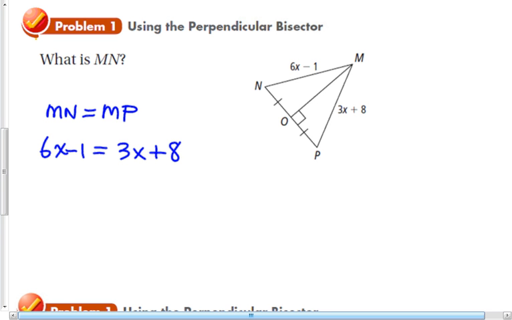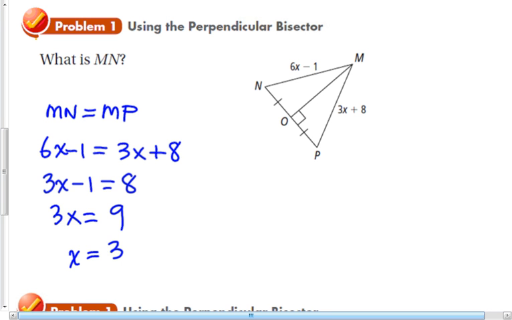Then we use the subtraction property of equality and subtract 3x from both sides. We would get that. Use the addition property of equality, add 1 to both sides, and we would get that. Divide, and we get x equals 3.